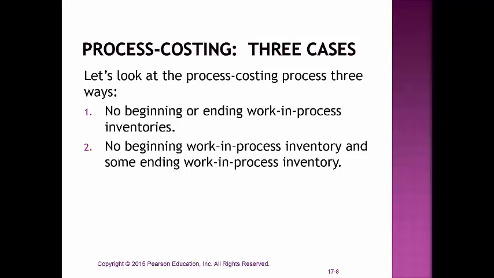Case 2, we would have 0 beginning work in process inventory, and then we would add some direct materials and start some units and work on those units. We'll complete so many of the units and transfer them out. We would transfer them out either to another process where those units would get additional work in another department, or we would transfer them on to finished goods inventory.